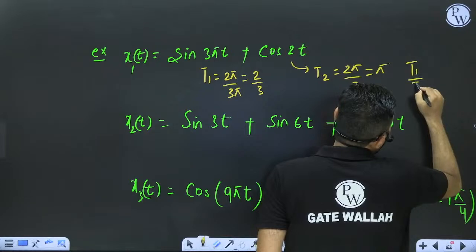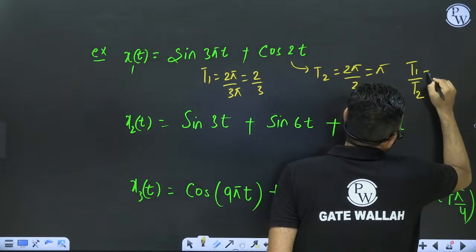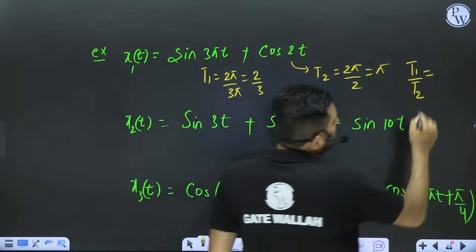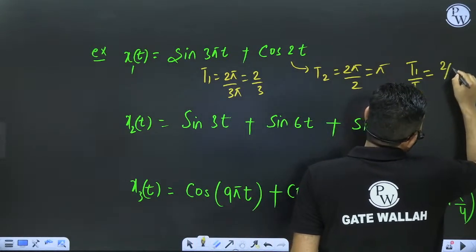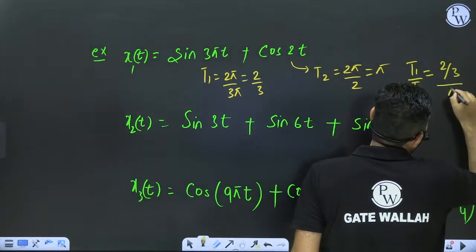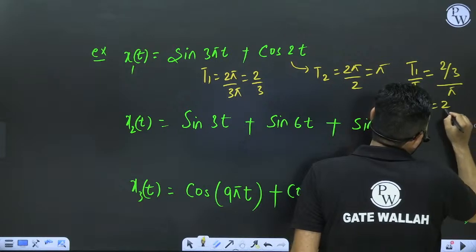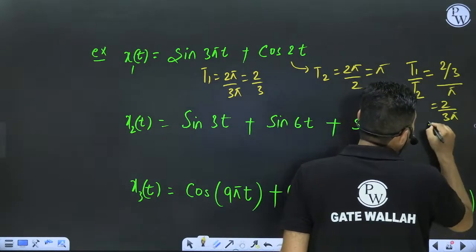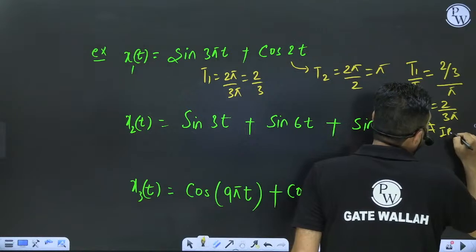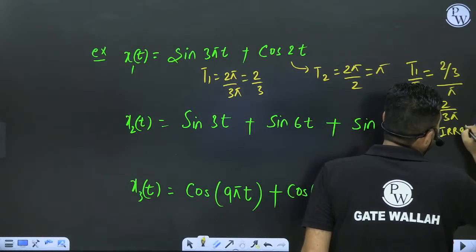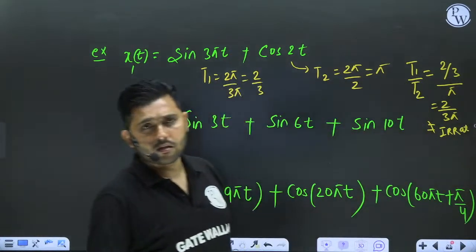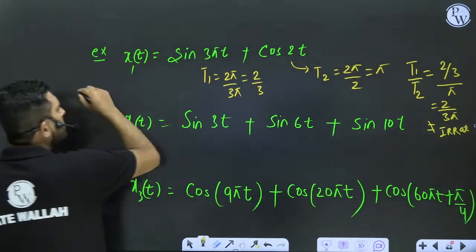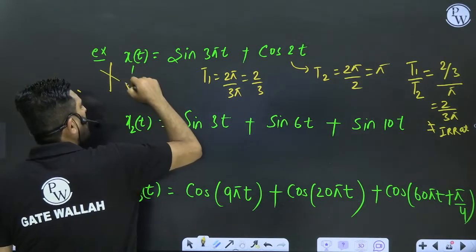T1 by T2 is 2 by 3 by pi, or 2 by 3 pi, which is not a rational number. It is irrational and hence it is non-periodic.